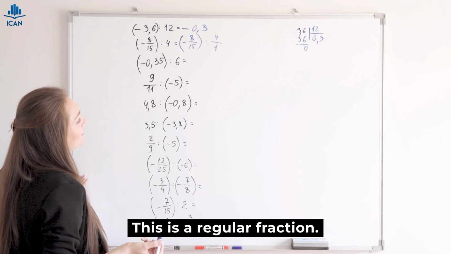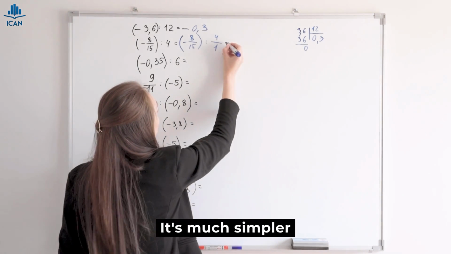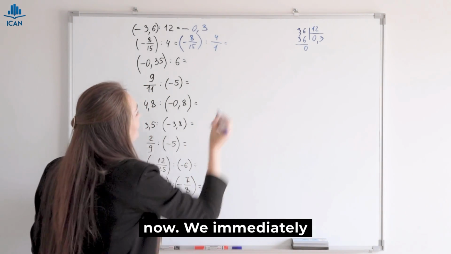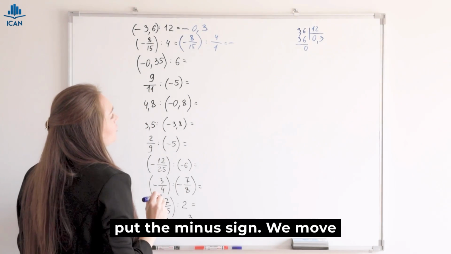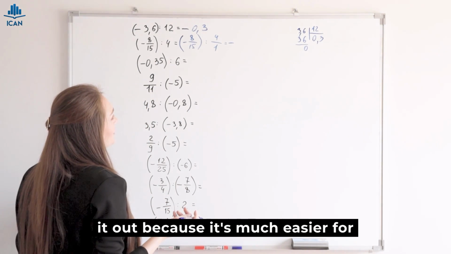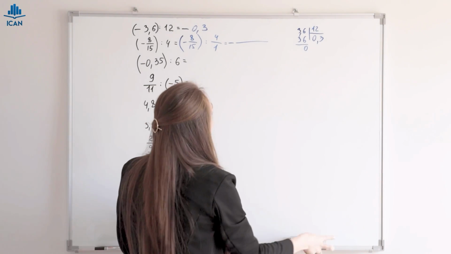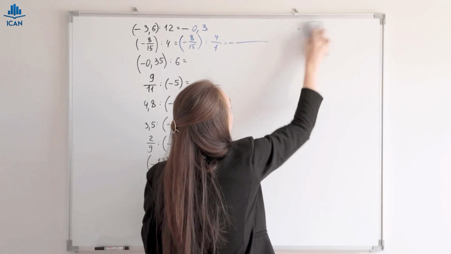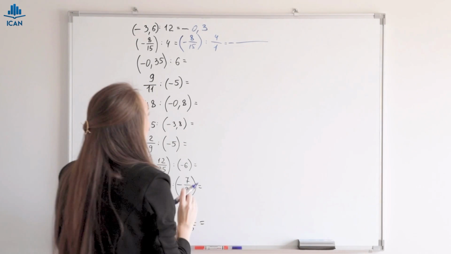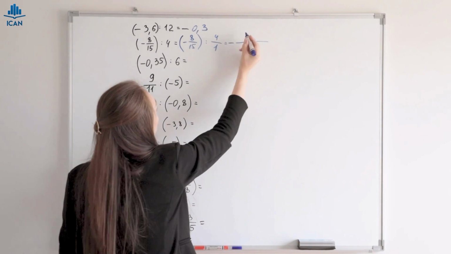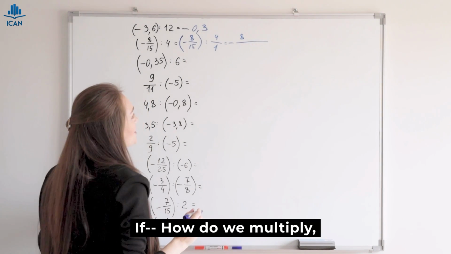This is a regular fraction. It's much simpler now. We immediately put the minus sign. We move it out because it's much easier for us. Yes. We draw a long fraction line. And here we get 8. How do we multiply, right?